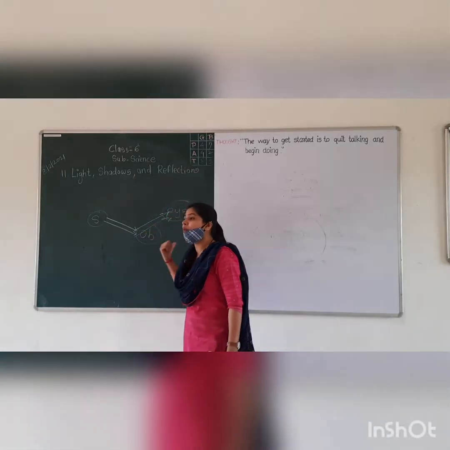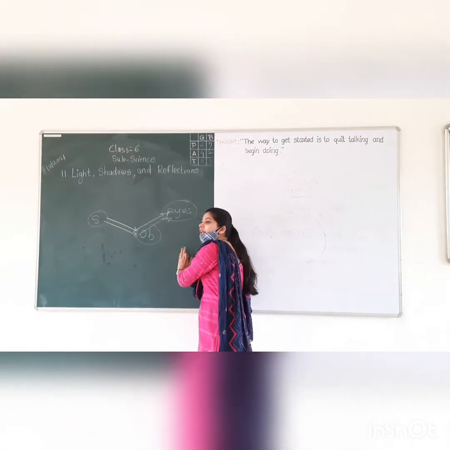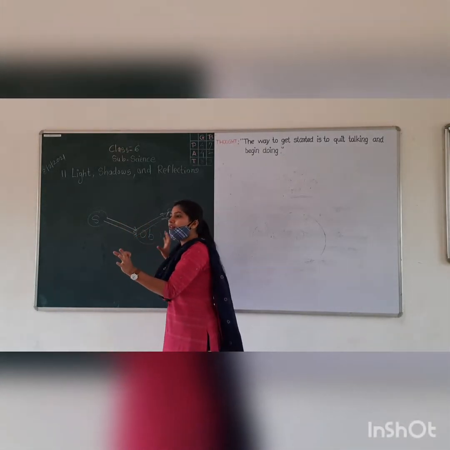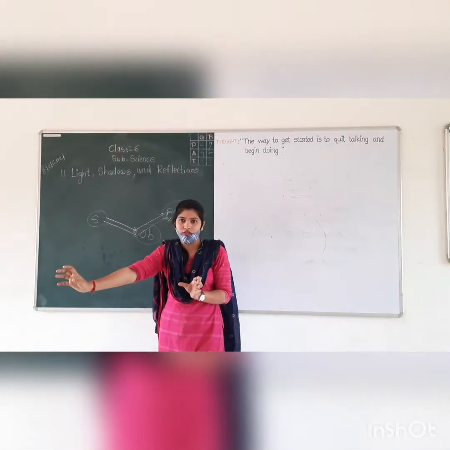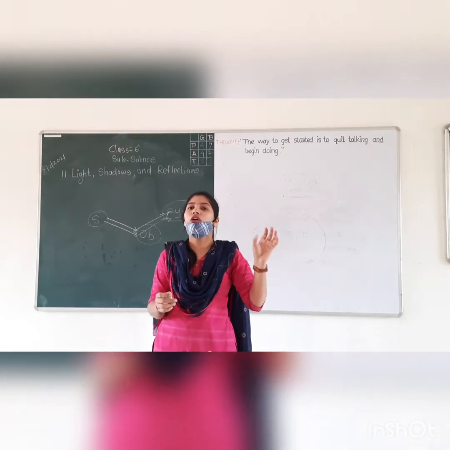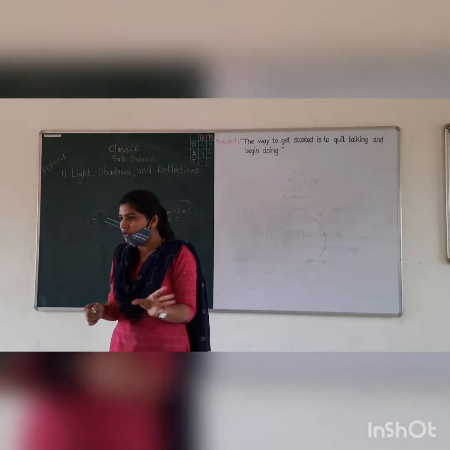You can see this board because rays fall on this object. Then there is contact between those rays and your eyes. Depending upon your position and your light source, we can see that object. Understood?